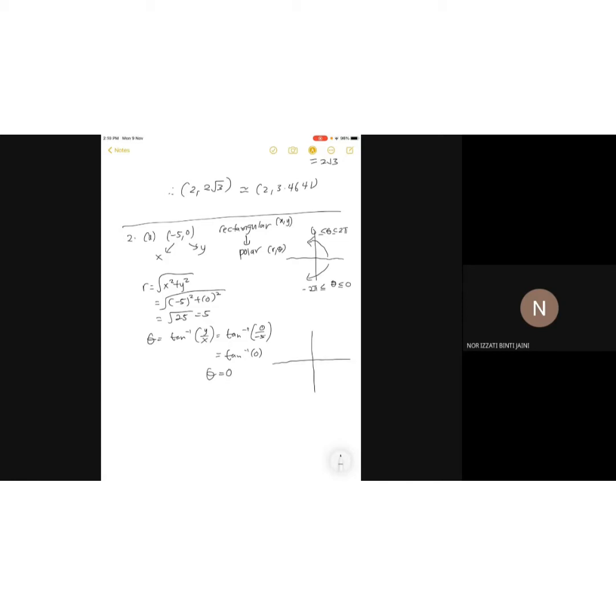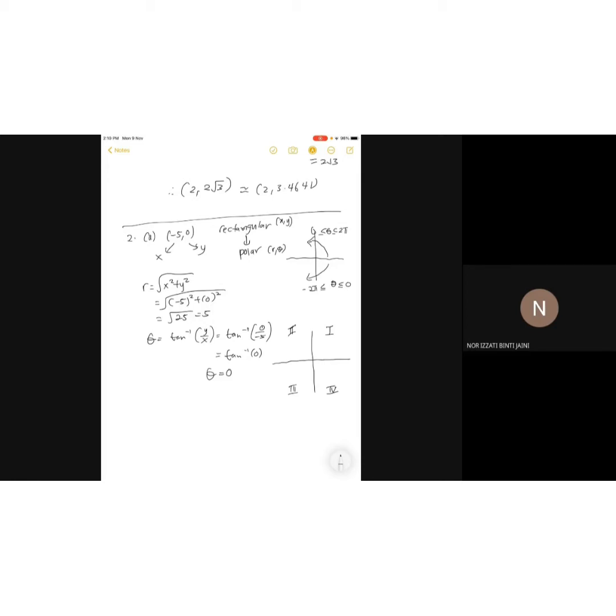Okay, kebiasaannya bila you tekan calculator akan bagi awak pada sukuan pertama saja. So when you want to find the second, third and the fourth quadrant, you have to plus or minus the pi. Okay, so you kena tengoklah di mana kedudukan point awak berada.